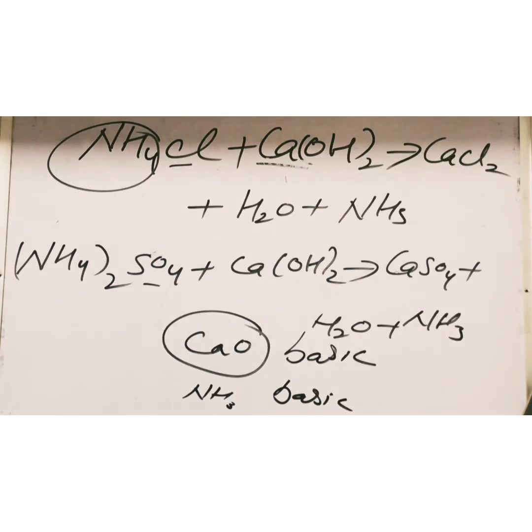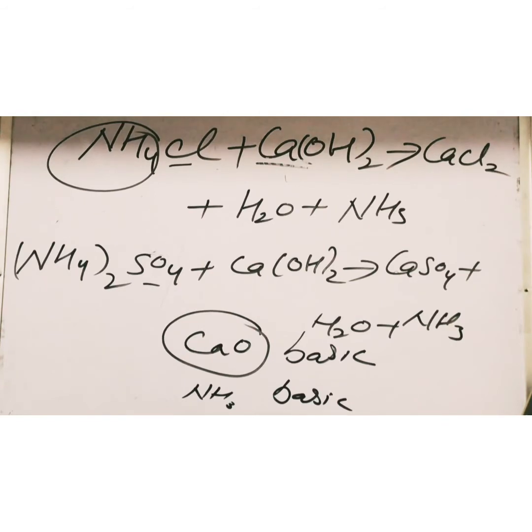Other drying agents like concentrated sulfuric acid or phosphorus pentoxide, the reason is the same. Concentrated sulfuric acid is acidic in nature, it will react with ammonia. Phosphorus pentoxide will also react with ammonia, but quicklime, being basic in nature, will not react with ammonia. So this is the reason quicklime is used as a drying agent, and this can be a give-reason question in the paper.